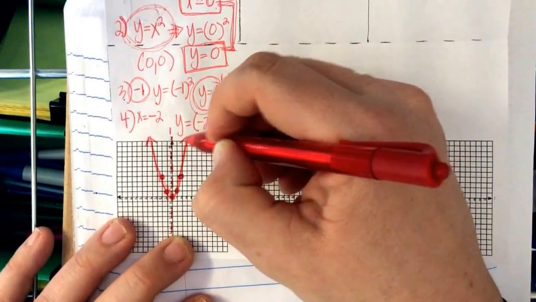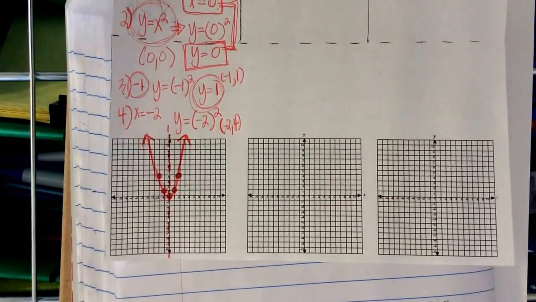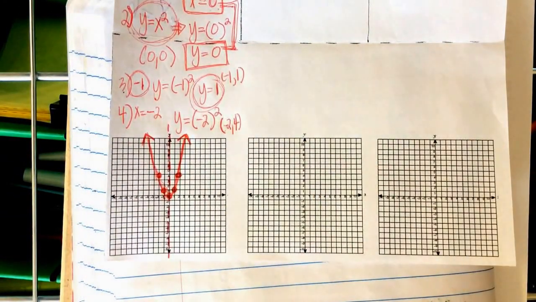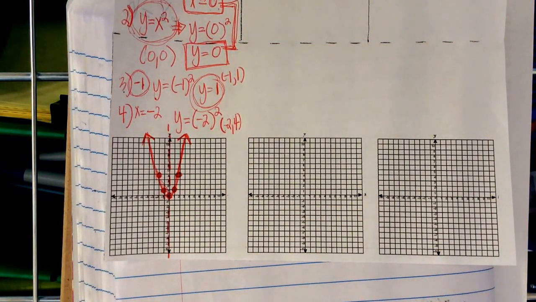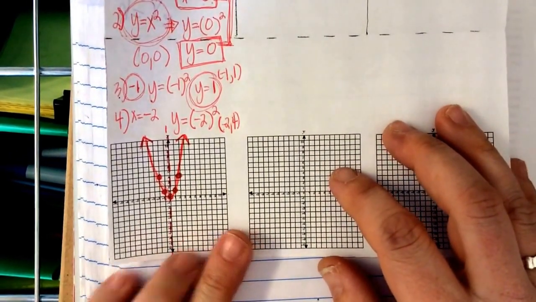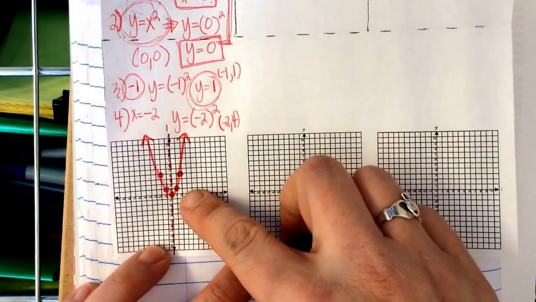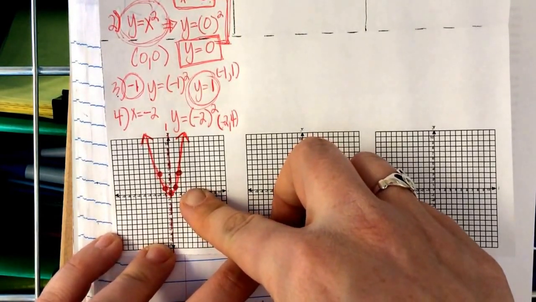And this is the parent function. This is what all quadratic functions start out as, and we change them as they go. This is the basic beginning function.